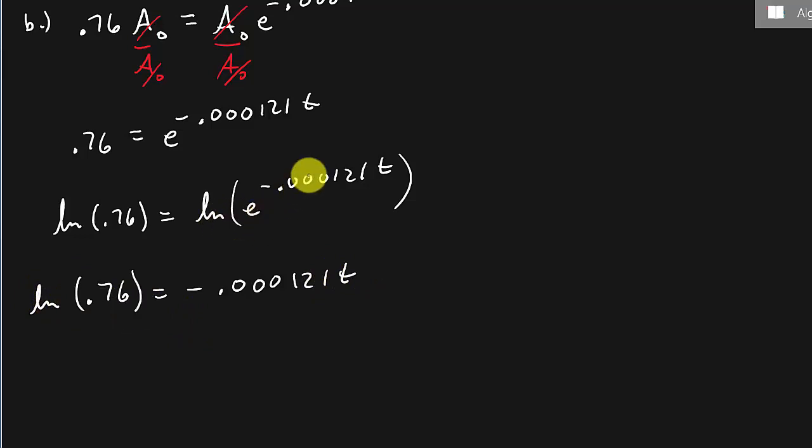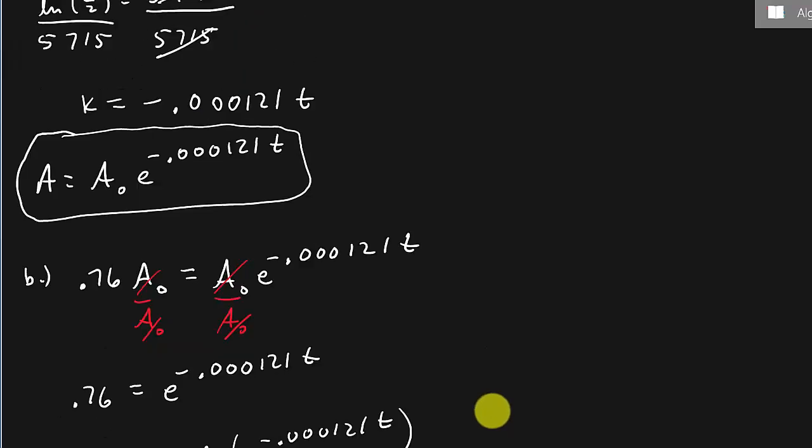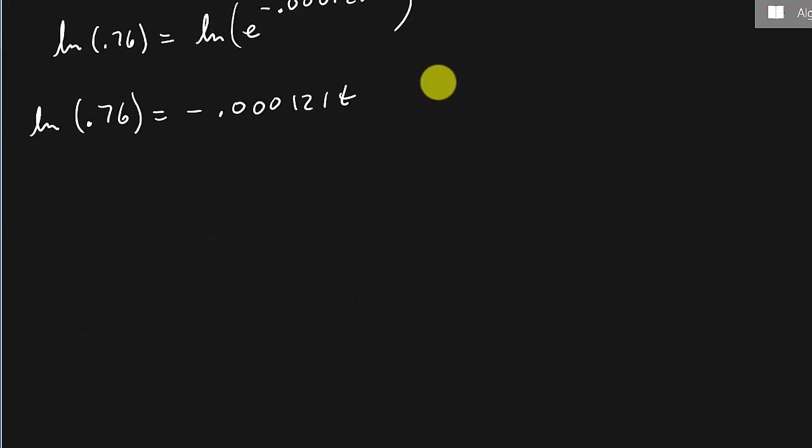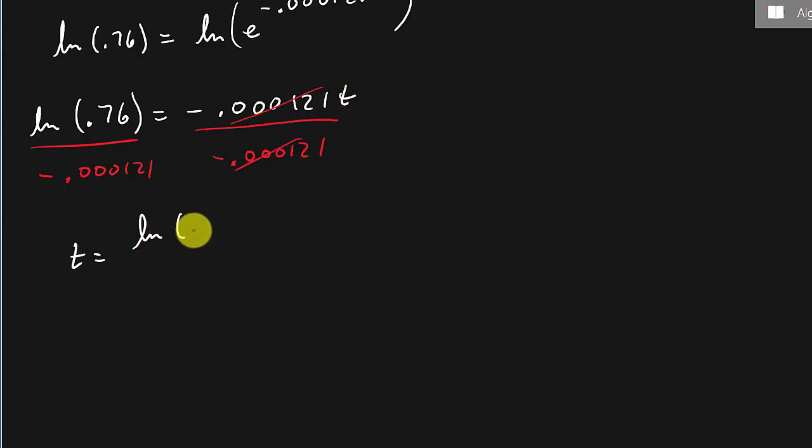And remember, natural log of e raised to this power is just that exponent. I explained how we got that right here. Then I divide both sides by this number, negative 0.000121, and you can see those cancel there. I'm going to write the t over here. So t is the natural log of 0.76 over negative 0.000121.